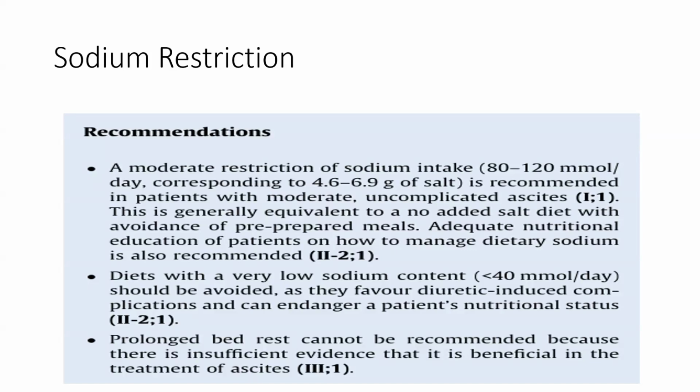Adequate nutritional education of the patient on how to manage dietary sodium is also recommended. Diets with very low sodium concentration should be avoided as they favor diuretic-induced complications and can endanger the patient's nutritional status. Prolonged bed rest cannot be recommended because there is insufficient evidence that it is beneficial in the treatment of ascites.